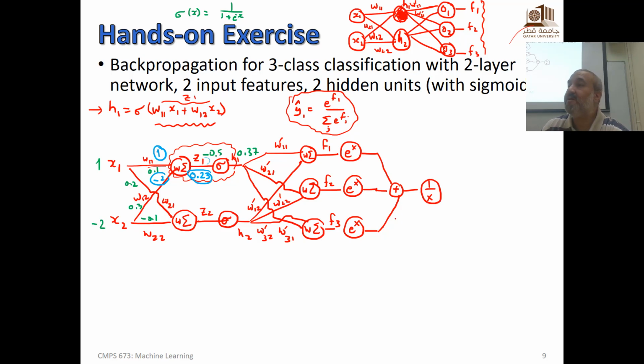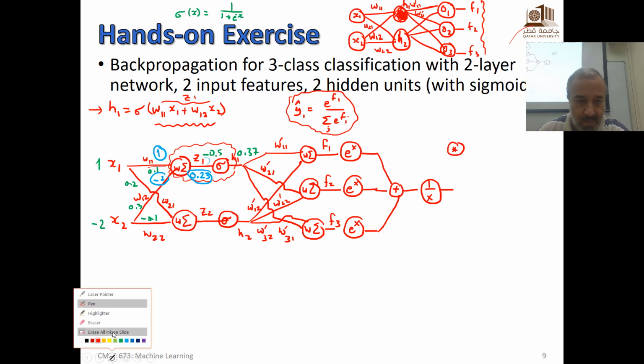Now this is 1 over the sum, right? Then multiply each one, because remember, eventually we'll have 3 outputs. So for the first one, we will multiply what?